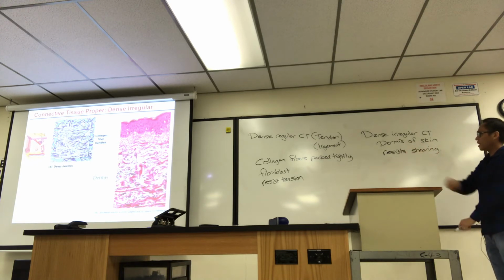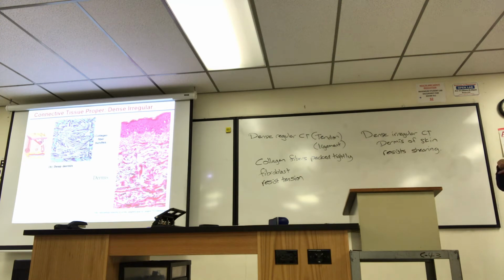I haven't taught you skin yet, but the dermis is the underlying layer under the epidermis, which is the very top layer of your skin. Okay, but I'll talk about that more on Monday.